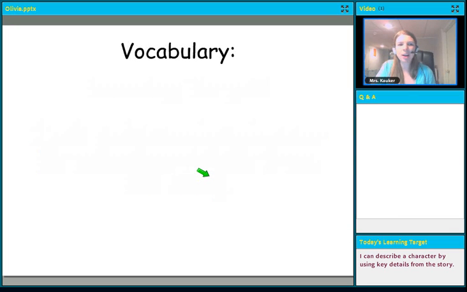Well, let's talk about some of this vocabulary here and make sure we understand what we're going to do. What is a character? If we're going to do this learning target, we need to know all the words that are in it. What is a character? What is a character, Missy? Go ahead.